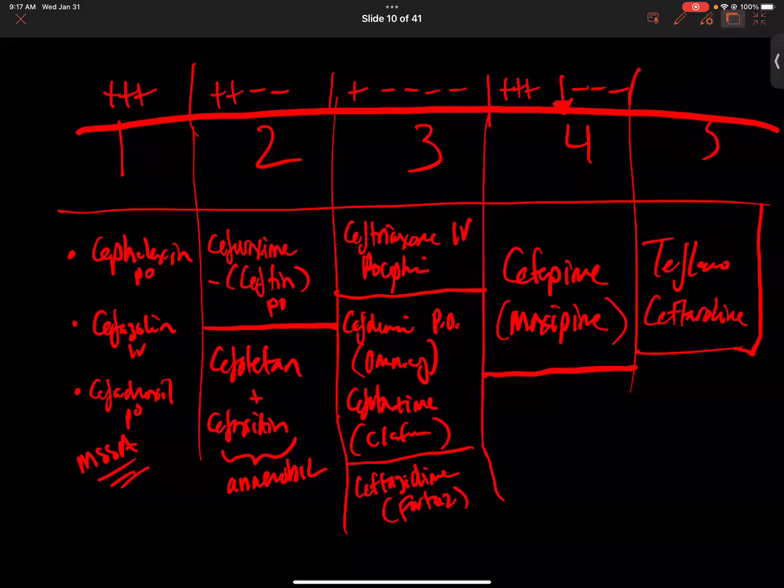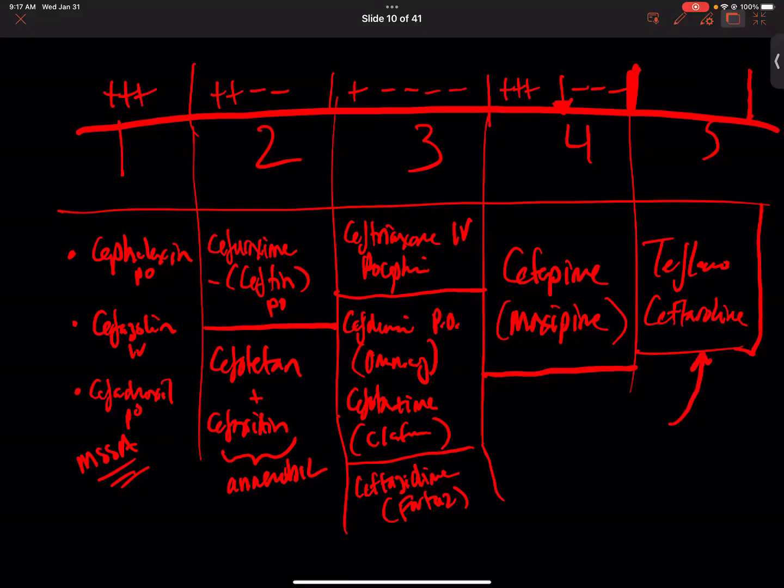All right. And then if you haven't already heard Dr. Lewis mention this, ceftaroline is equivalent to Rocephin plus what other bug? What is it? MRSA, good.